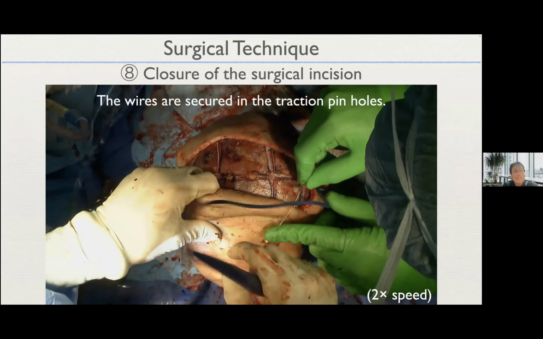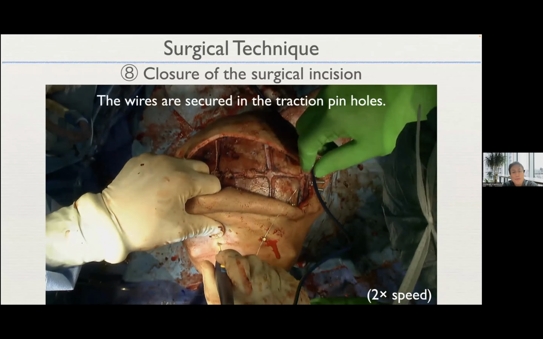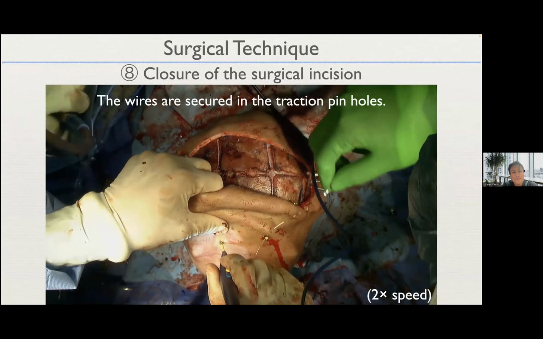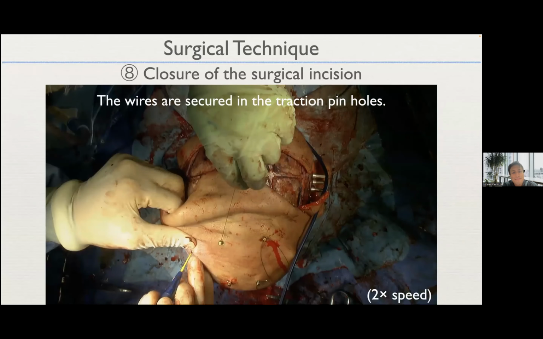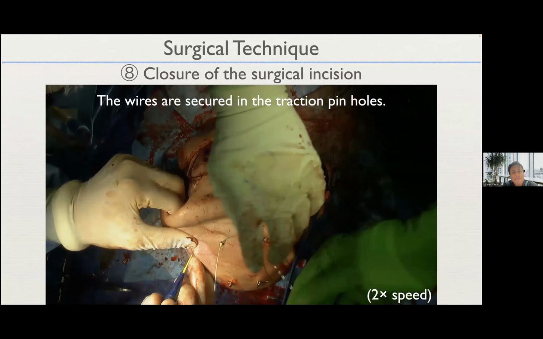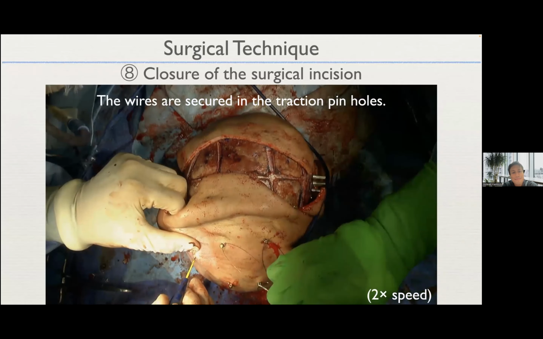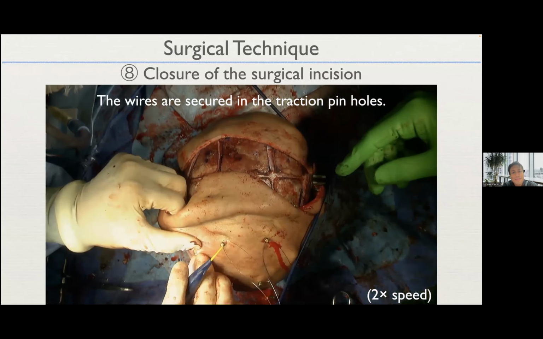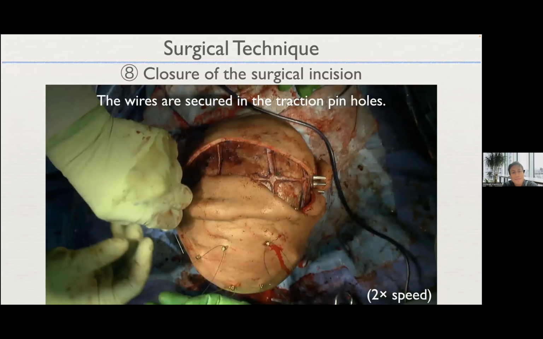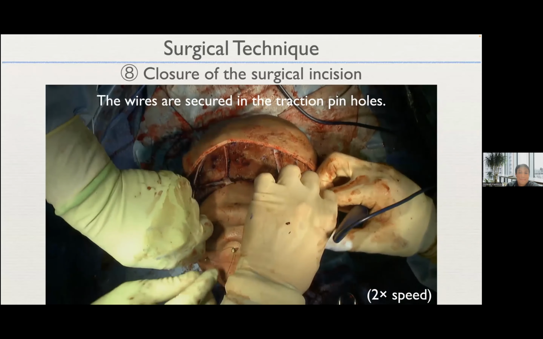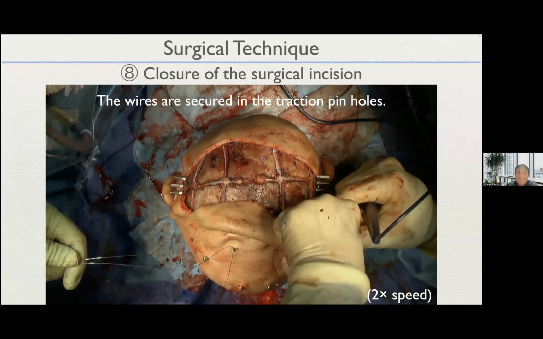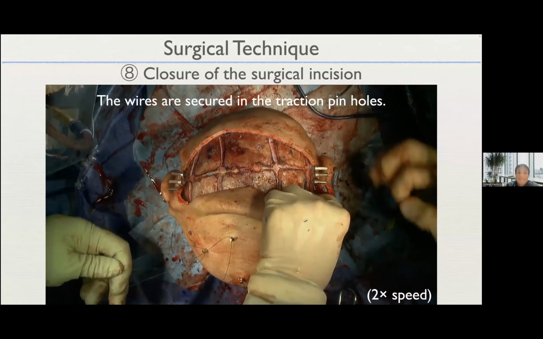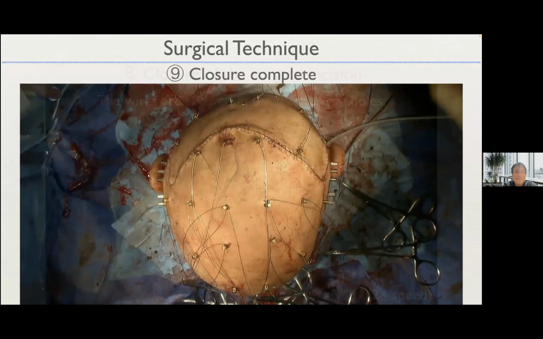The wires were secured in the traction pin holes. Closure complete.